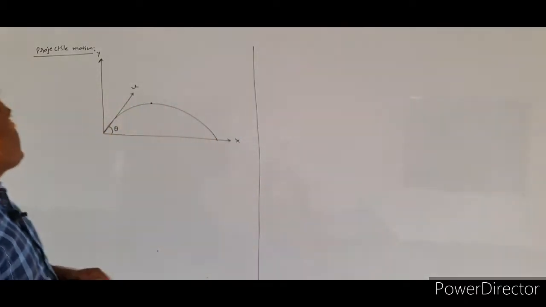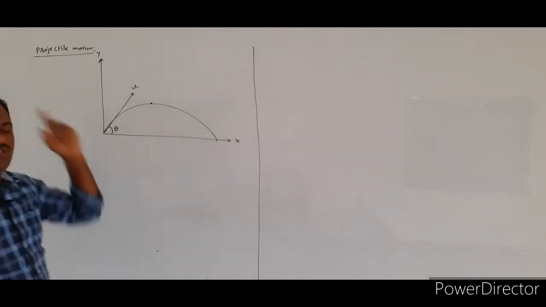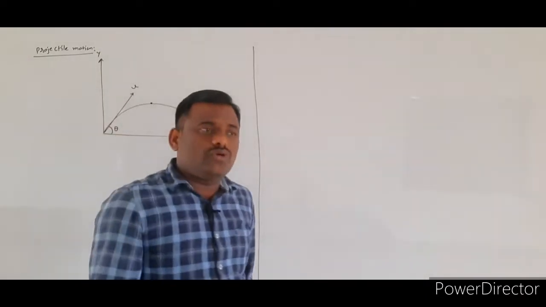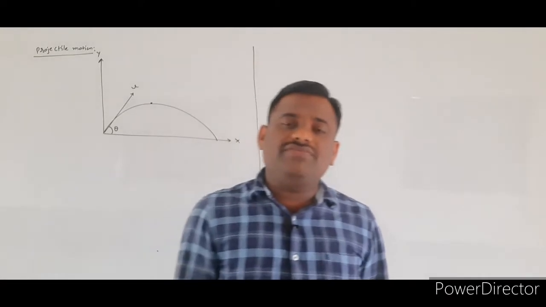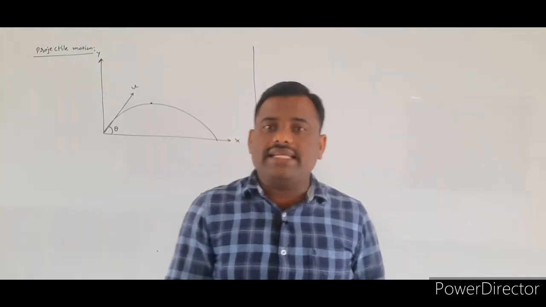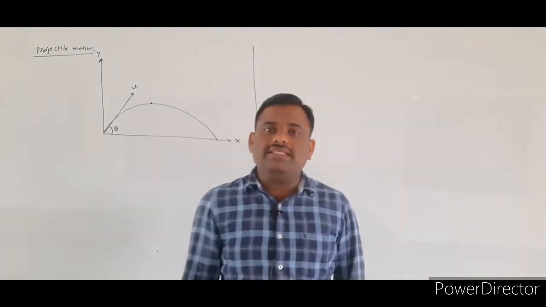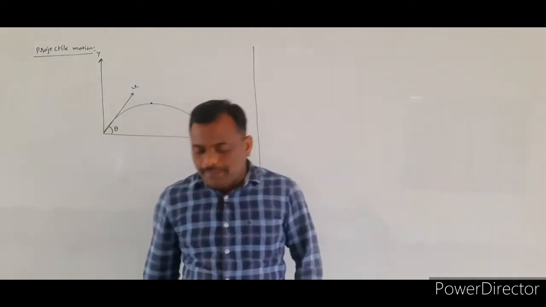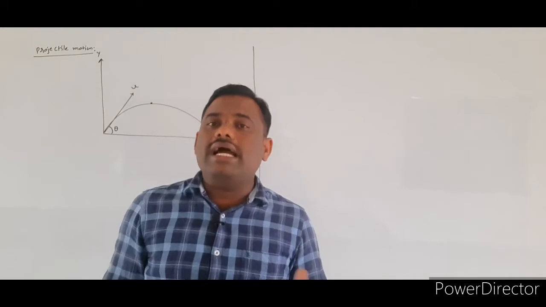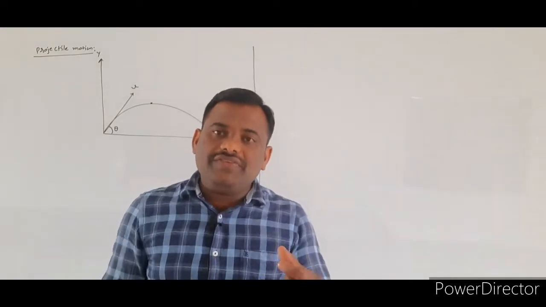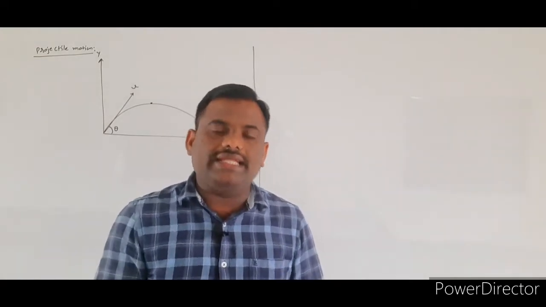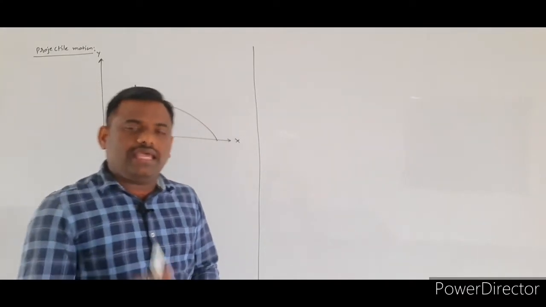In that, the first case is about projectile motion. In projectile motion, we derived the expression for the trajectory of the projectile, that is y = ax - bx², which you derived in the theory. But here, where we have to calculate the change in momentum, between which points are we going to calculate the change in momentum in the case of the projectile?